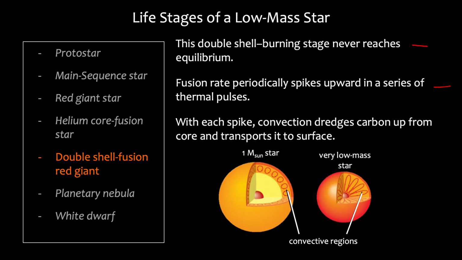Okay, and so we're talking about less than 1 to 0.5% of life left. The helium fusion rate periodically spikes upward every few thousand years in a series of thermal pulses. There is this push and pull interplay between the two shells, which each spike convection sort of brings up more carbon and brings it to the outer layers.